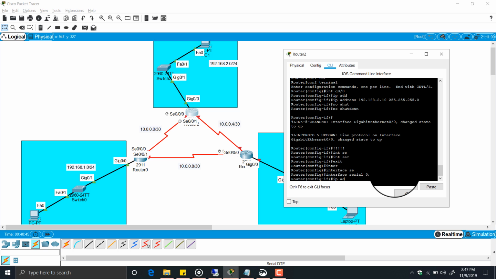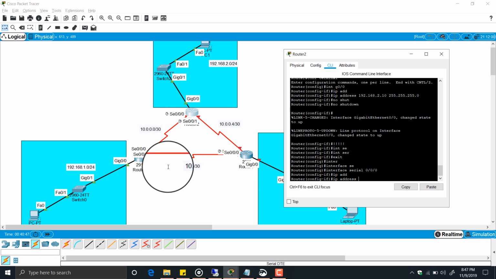Okay, now we give it an address. If you remember the last router, which was this one, if it was the .1, this has to be the .2. Okay, so let's give it 10.0.0.2. Remember, we cannot put the same IP addresses on two devices.